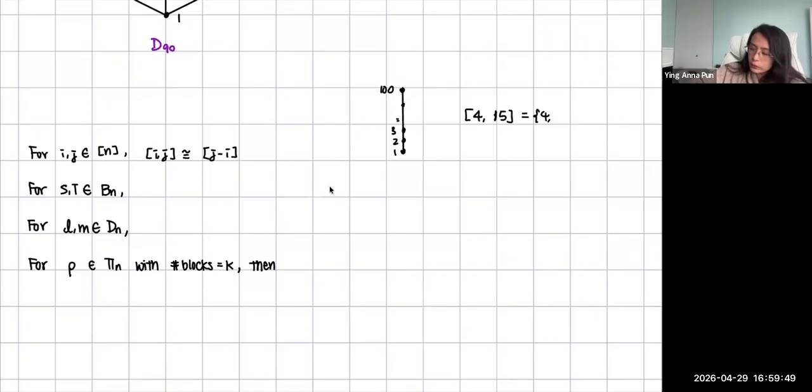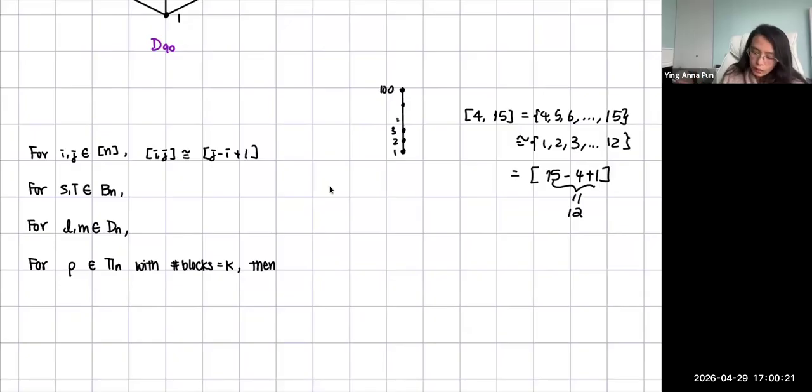That would be 4, 5, 6 up to 15, obviously. That's isomorphic to 1, 2, 3 up to 12. So it's j minus i plus 1, which is 15 minus 4 plus 1, that's the 12.